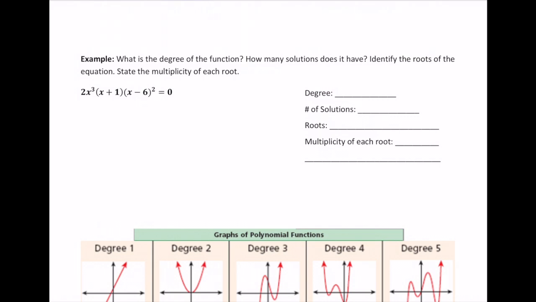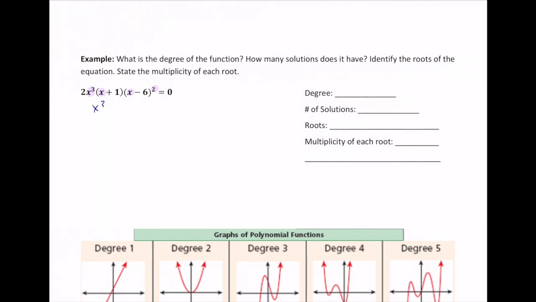All right, this one, let's take a look at our degree. It's already factored for us again, but we want to think back to what this polynomial looked like before it was factored. So we have x to the 3rd, that's 3 x's. We add another x, and then we have x squared, so there are 2 x's here.